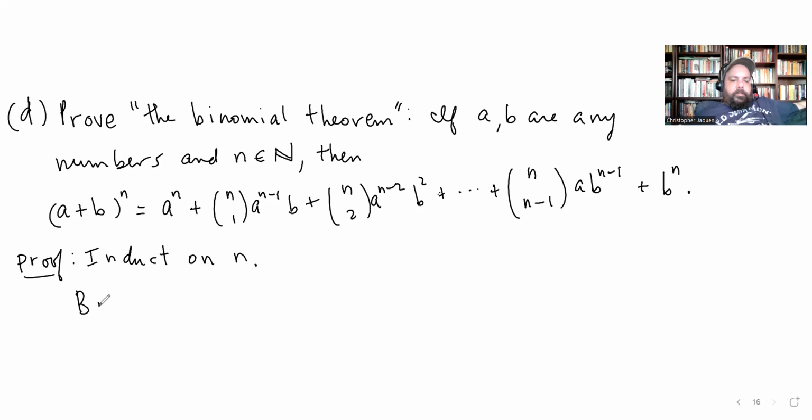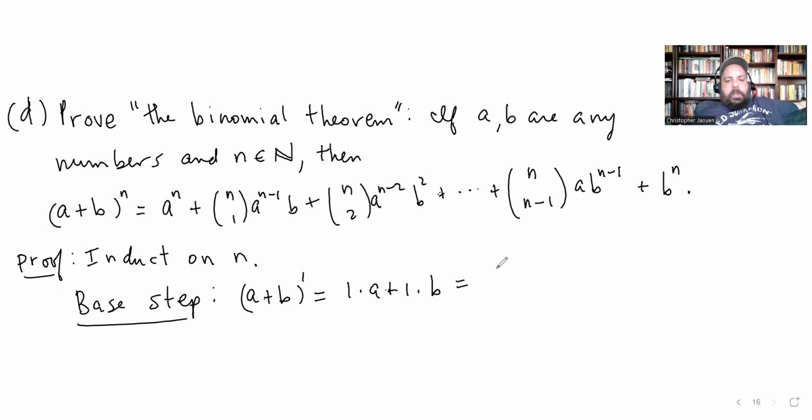Base step. a plus b to the first power is equal to 1 times a plus 1 times b, which is the same thing as 1 choose 0 a plus 1 choose 1 b. So that checks out. Inductive step.